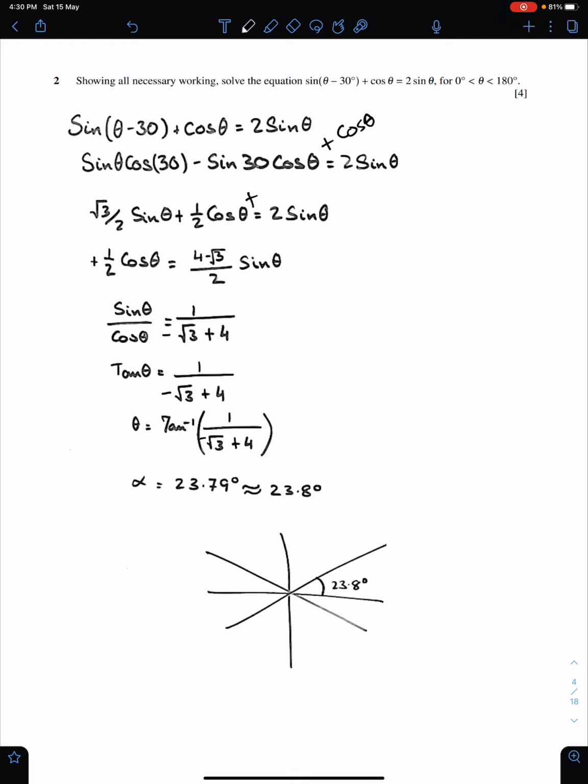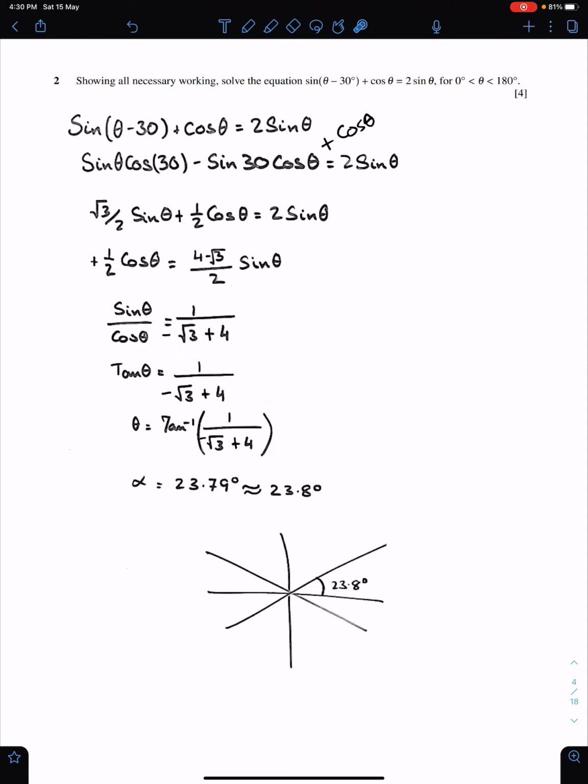In fact, this student has simplified this thing. Negative half cos theta plus cos theta makes positive half cos theta. Now you need to bring this sine theta on this side, right hand side, and then sine upon cos will become tan. So this is the simplified form of tan.